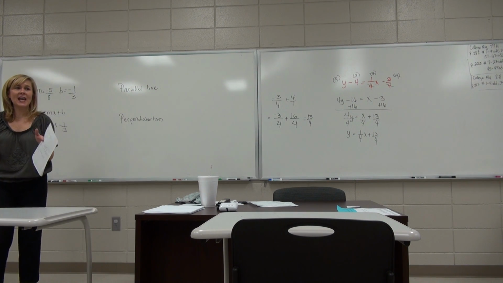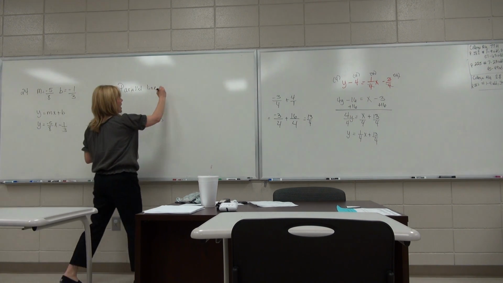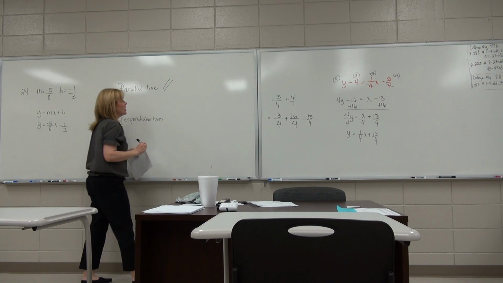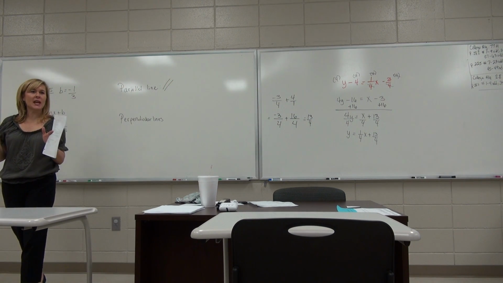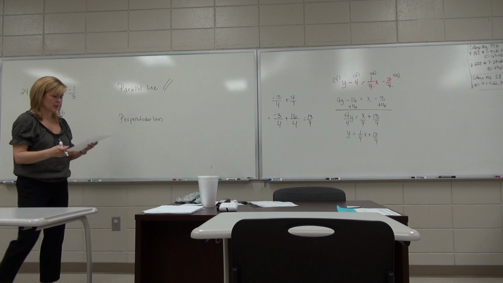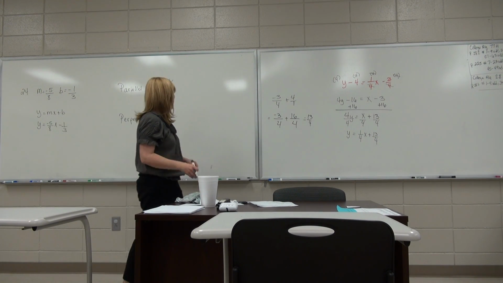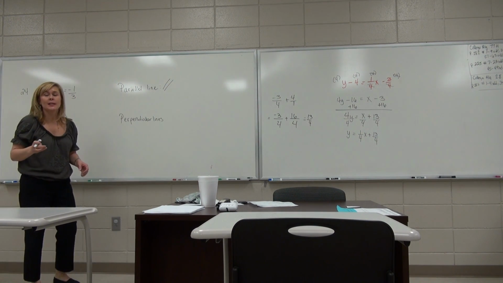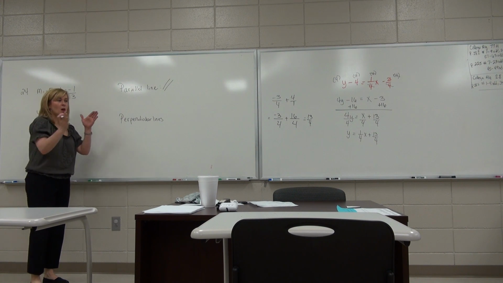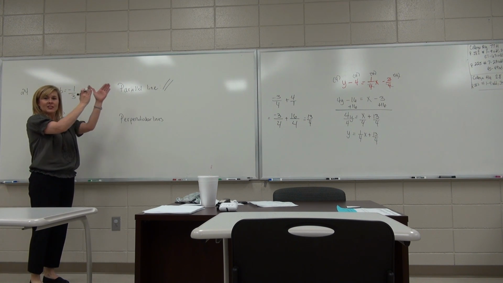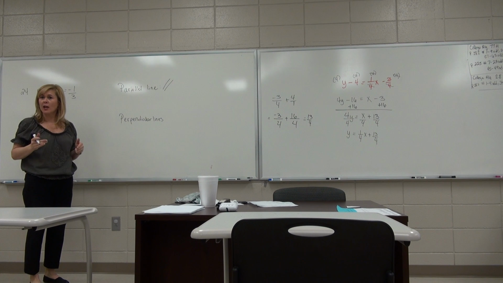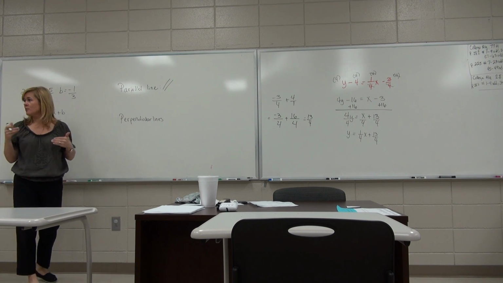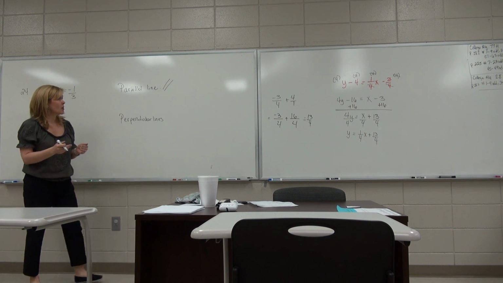They run side by side. They never cross. The notation for parallel lines looks kind of like that. Two lines that run right beside each other, they never touch. The reason they never touch is because they have the same slope. They're always rising over running at exactly the same thing, so they never cross because their slopes are the same. Their y-intercepts are different, but the slopes are always the same.